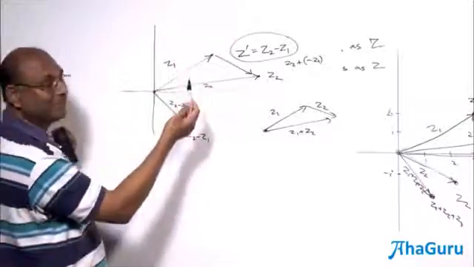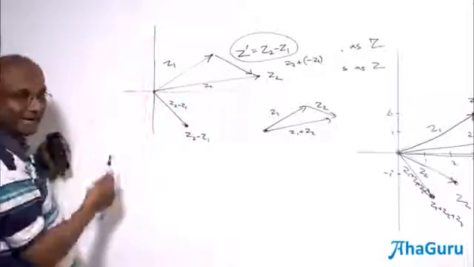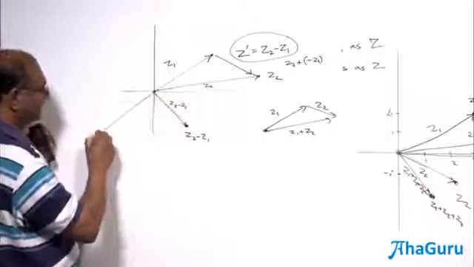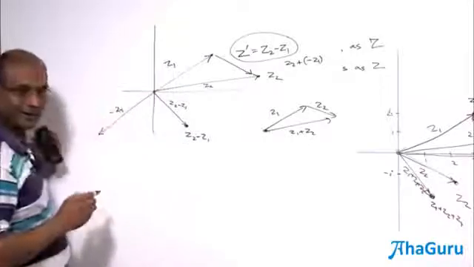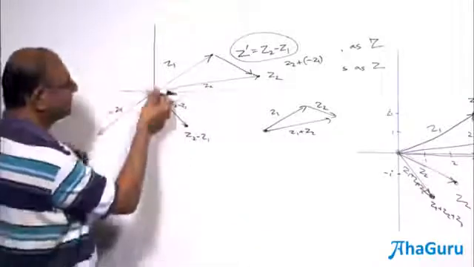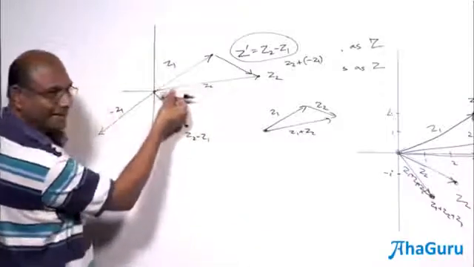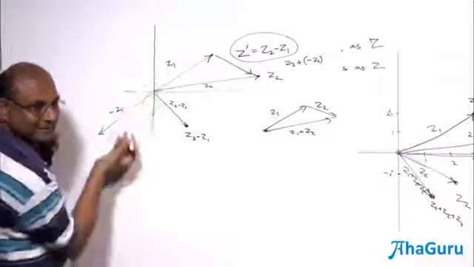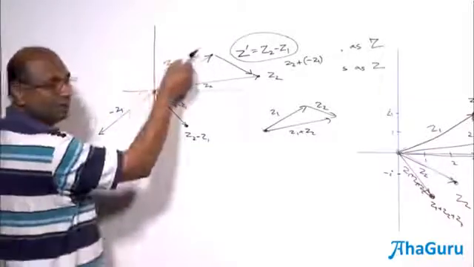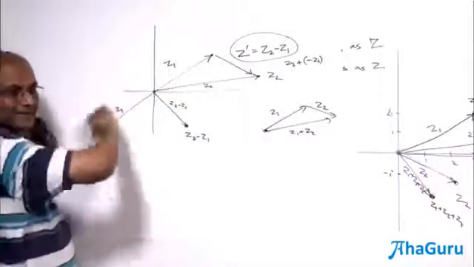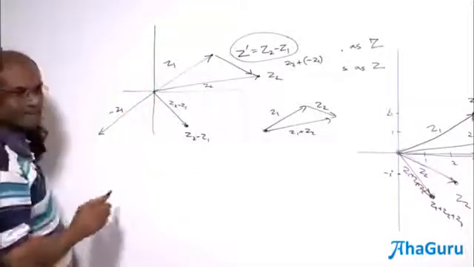Minus Z1 means minus in the x-axis, minus in the y-axis. So just take it and reflect it back like that. This is minus Z1. So it's useful to think geometrically what minus means. If I had 3i, minus 3i is this. If I had 2 plus 3i, minus 2, minus 3i. So this is minus Z1.